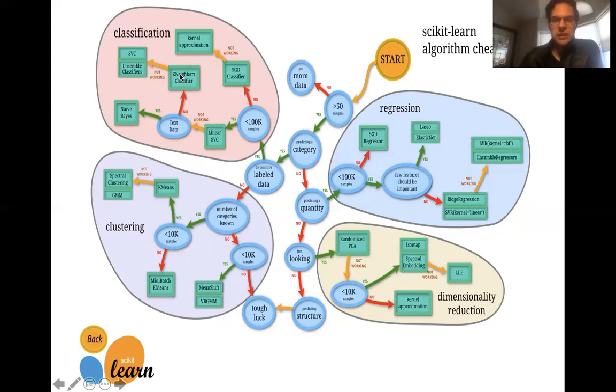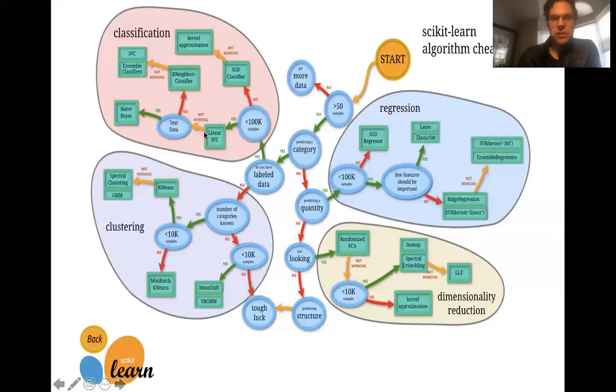And if you look up this Scikit-learn algorithm cheat sheet, you'll find a web page where all of these cells are actually links. So for example, say I want to do some kind of simple classification. One of the first classifiers that we're going to review today is called the k-nearest neighbors classifier. So say I start here, I have more than 50 samples and I'm predicting a category, and I do have labeled data, and I have less than 100,000 samples.